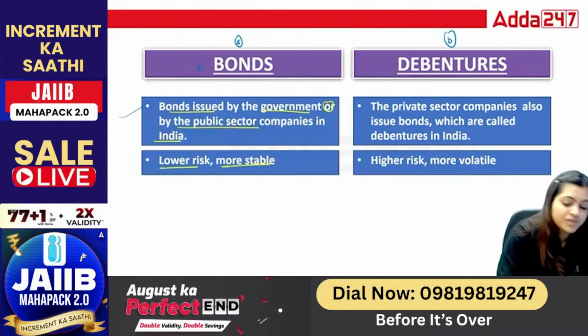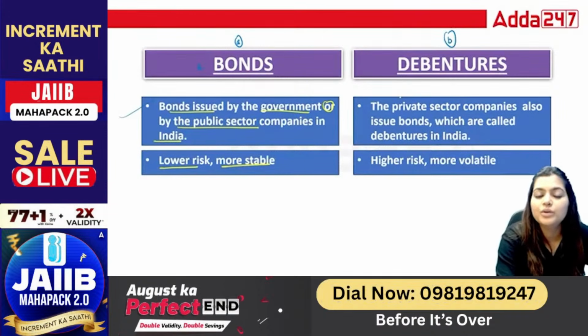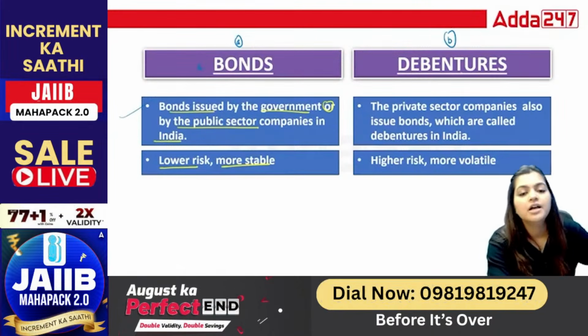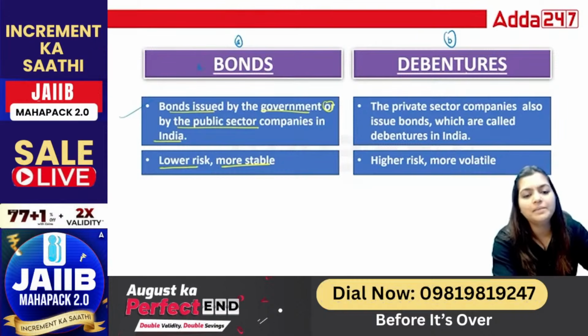Bonds are lower risk and more stable. Who is going to issue them? Public sector companies, which are backed by the government. So that is going to have lower risk and more stability.